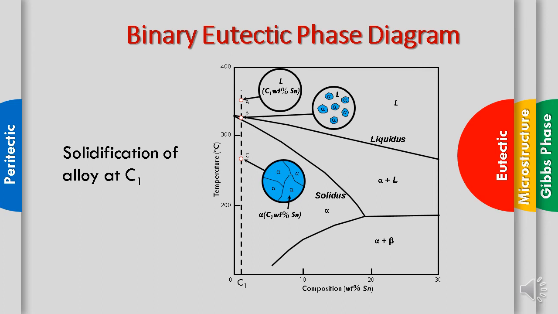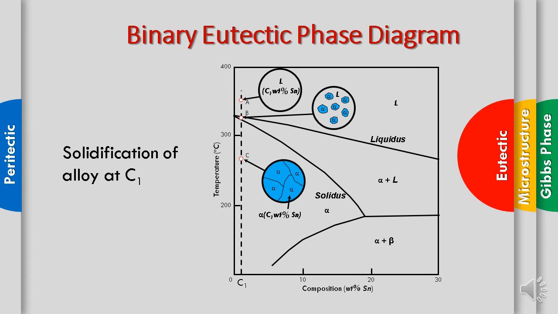Okay, in this case, we can compare the different regions and the microstructure produced. Let's look at the different composition at C1. Maybe the composition at C1 is below 5, maybe 2 or 3 percent tin. Here we can see point A, point B, and point C. At point A we have 100% liquid, and at point B it hits the liquidus line and also the solidus line.